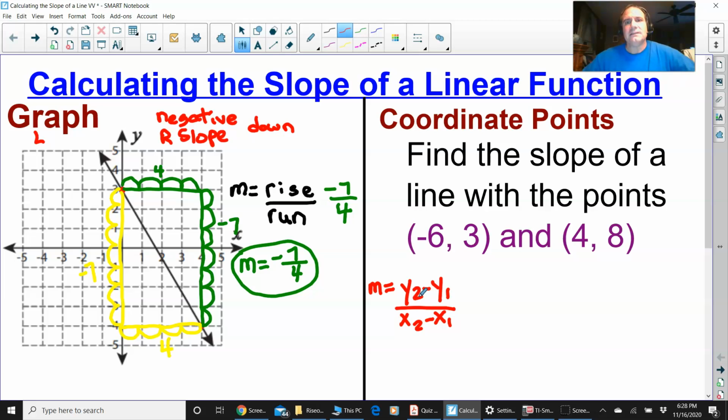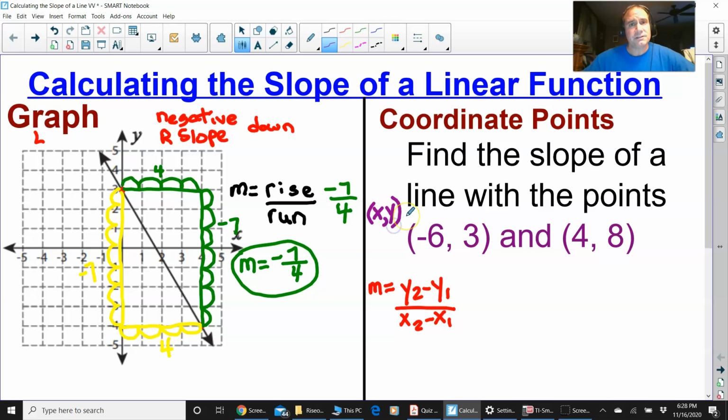But it's not. So the very first thing that you must do with these coordinates is to label your coordinates. Remember, you must label them. It's important because if you don't label them, you're going to be lost with the substitution later on. So just remember, all coordinates are x, comma, y.